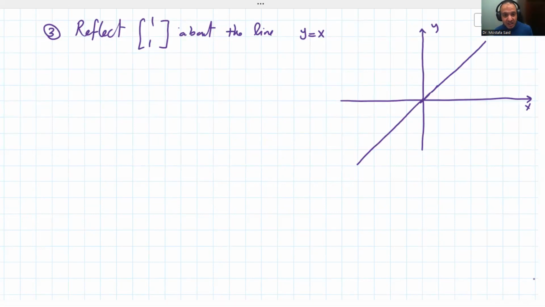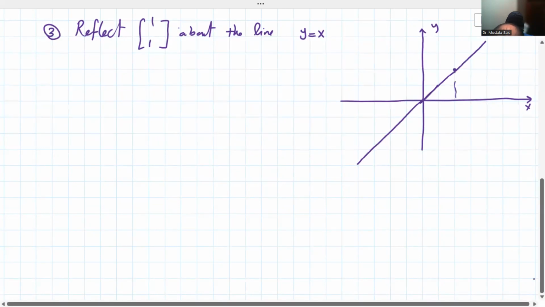Because on that line, any x coordinate is equal to the y coordinate. For example, this point here is 1 and 1. This point, of course, is not so to scale. So this point is 2, 2, and so on. This point is half and half. That's why it's y equal to x.